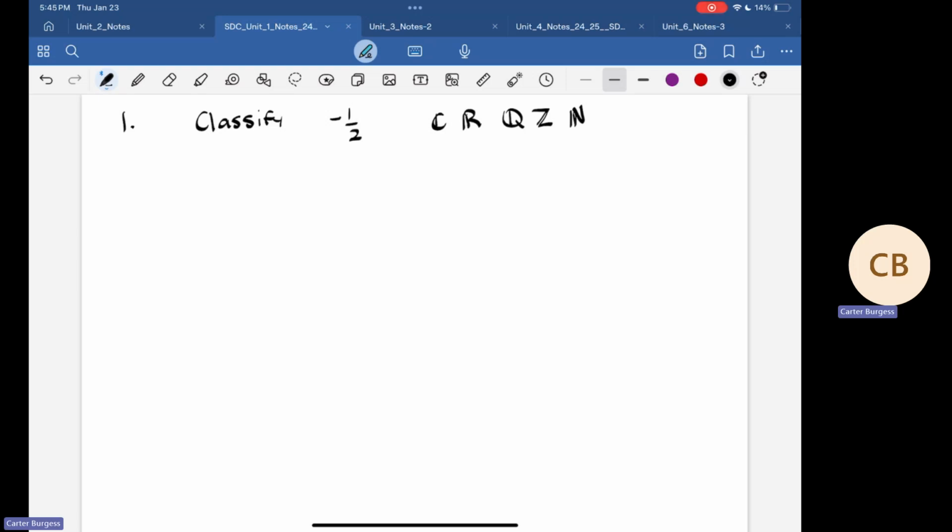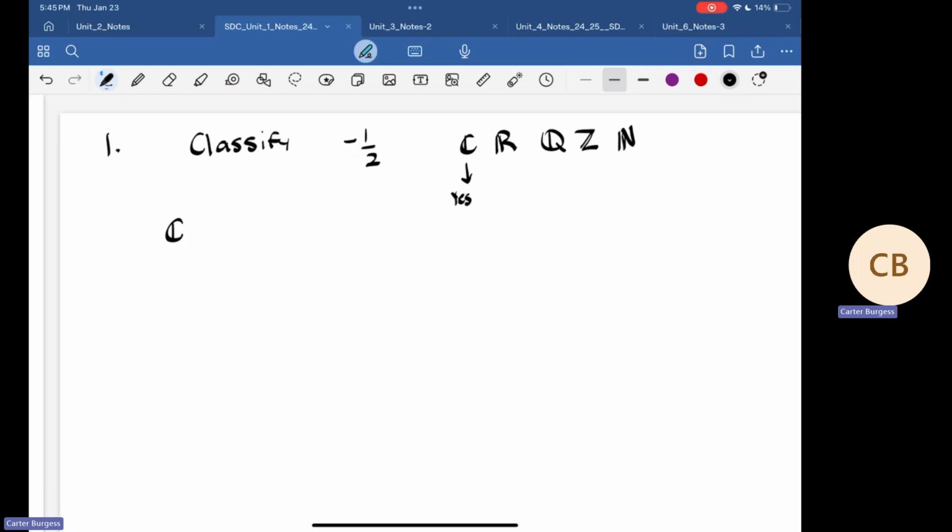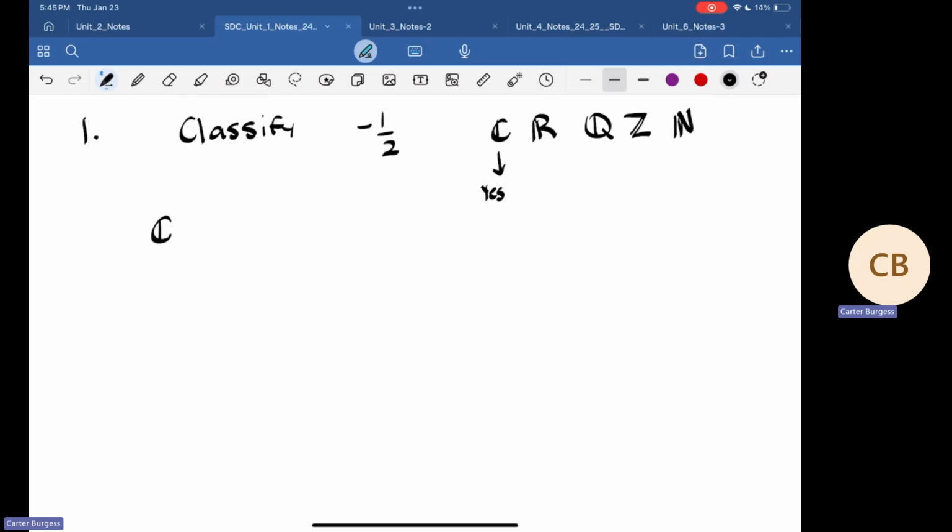And we just go through the list here, starting with complex. Is a number complex? Our answer is always, always, always yes. So if you are trying to classify a number, you need to be listing C as part of your answer. In order to determine if a number meets the qualifications for a real number, we ask the question, do we see i?